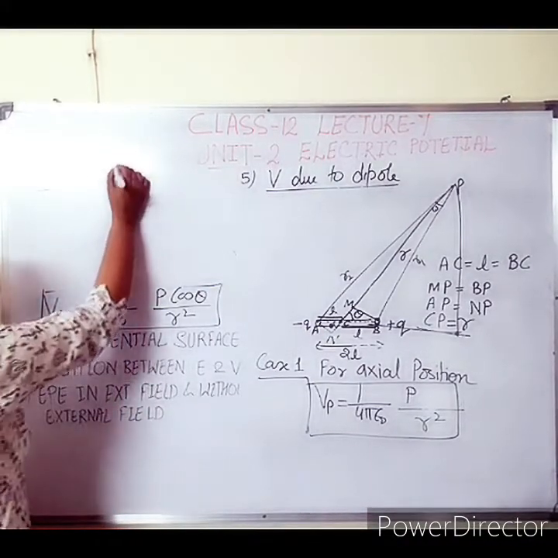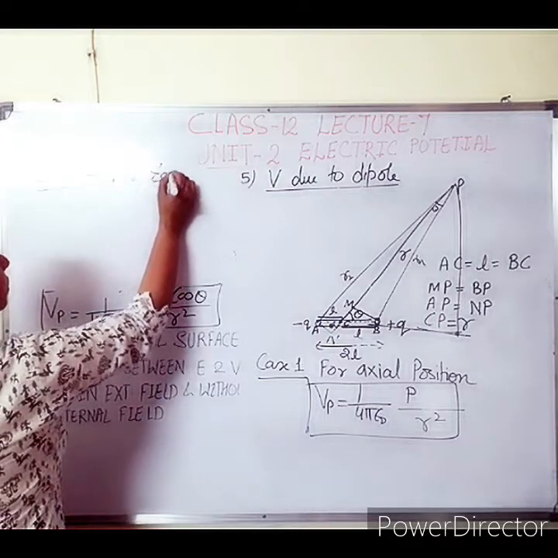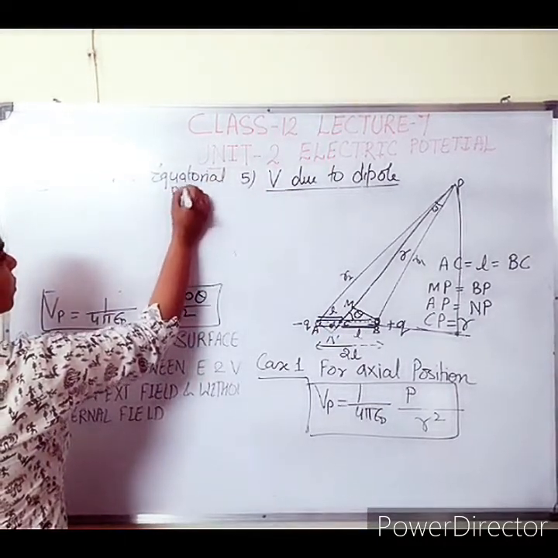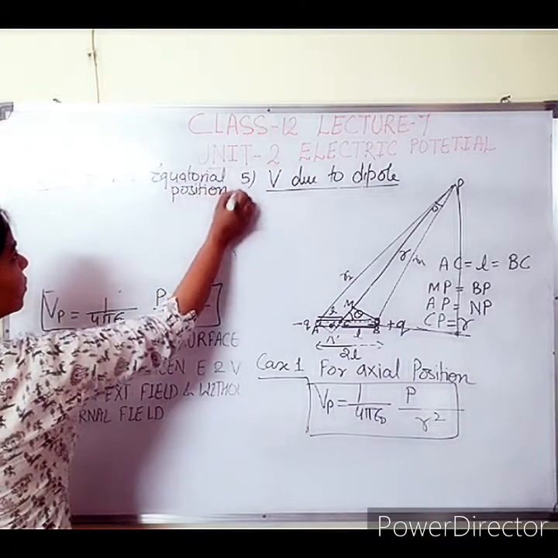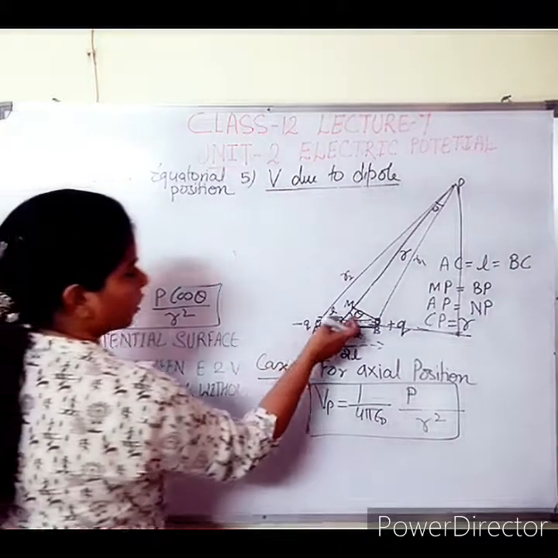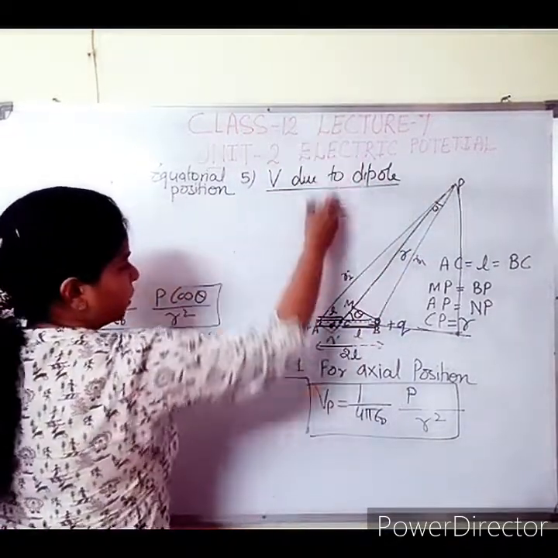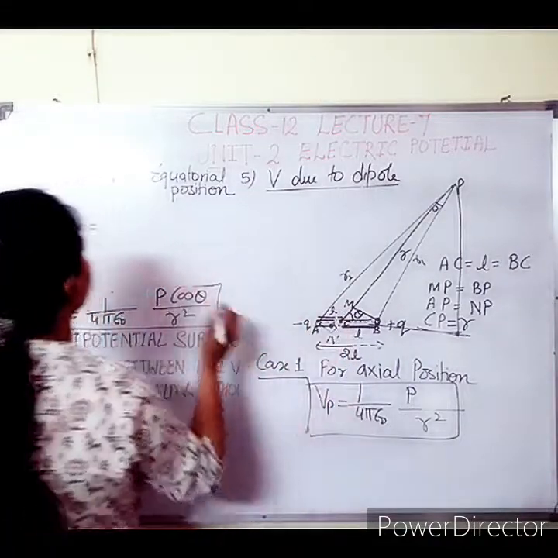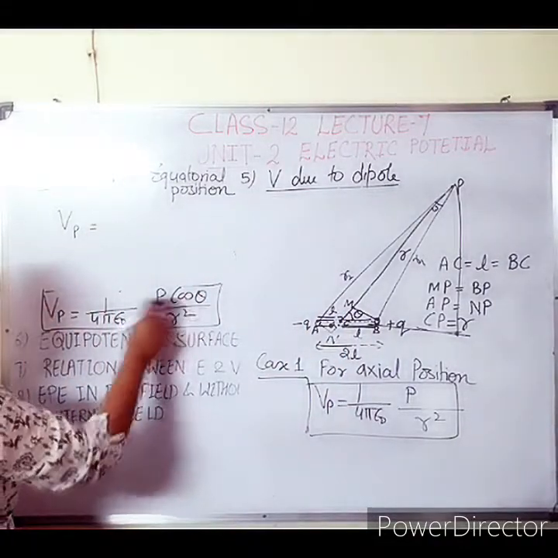Now take the case number 2, that for equatorial position, Vp is equal to, now for equatorial the point should be at perpendicular line from the center position. So it will come as theta is equal to 90 degree. So cos 90 is equal to 0.